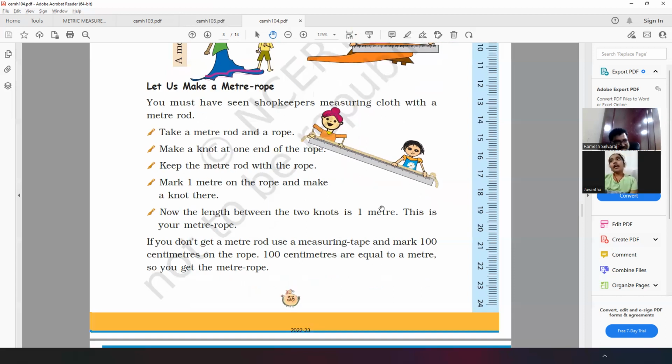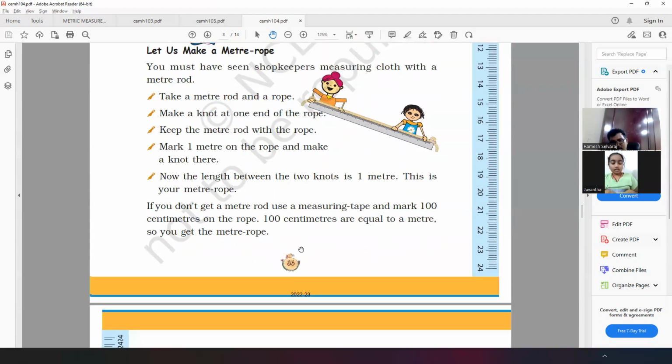We have to take 1 meter scale, make a straight line, put a knot at the first end and also a knot at the next side. Then this rope will be 1 meter long rope. Okay.